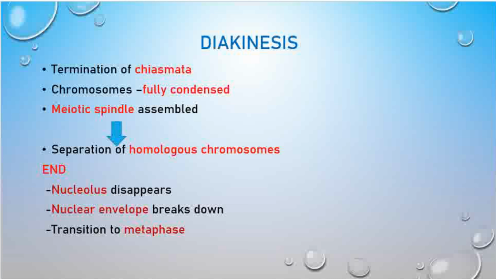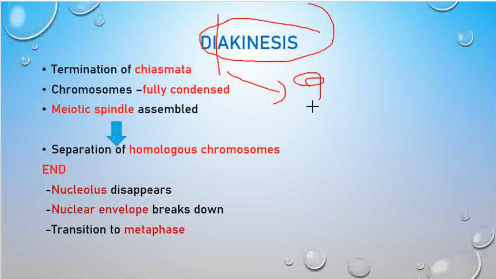Next, coming to the stage of diakinesis. Di means 2, so here it appears as a double band in case of diakinesis. Here there is termination of chiasmata. This is the end, and the chromosome is fully condensed in this case, and here the meiotic spindle gets assembled. In mitosis it is the mitotic spindle; here since it's meiosis, it's called the meiotic spindle.